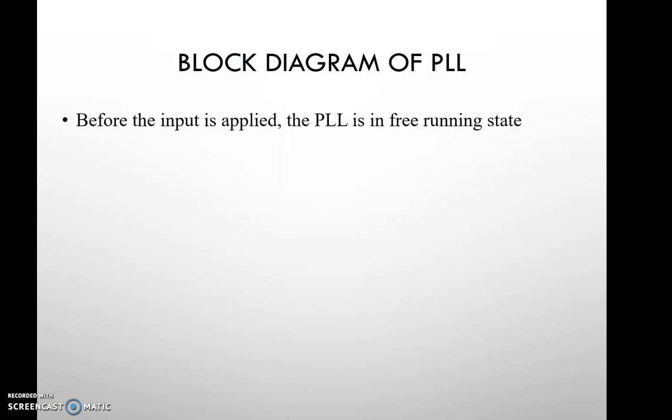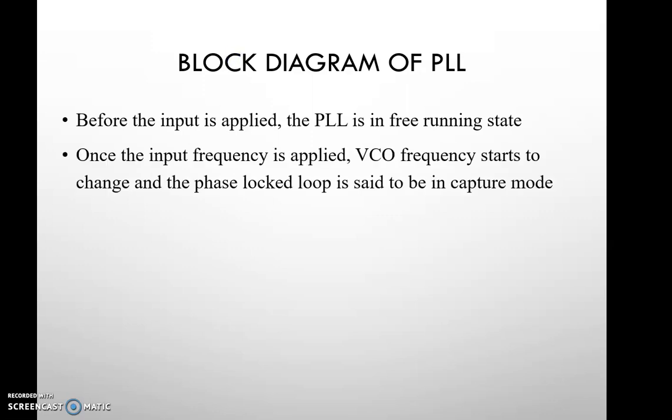So, what is free running state? Before the input is applied, the PLL is said to be in the free running state. Then, once the input frequency is applied, VCO starts to change and the phase lock loop is said to be in the capture mode.